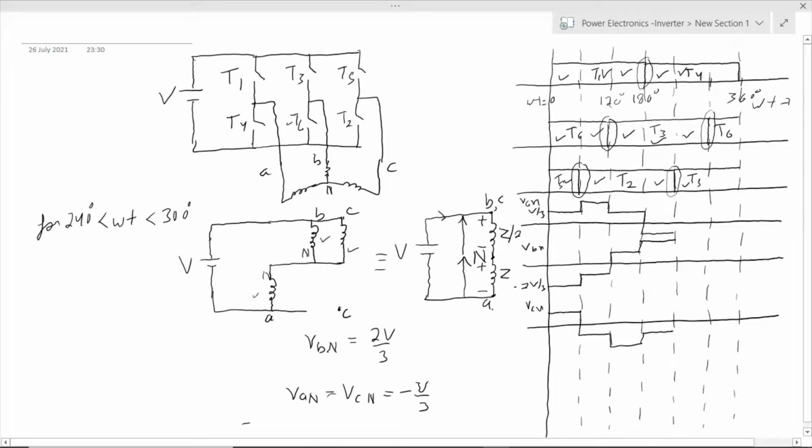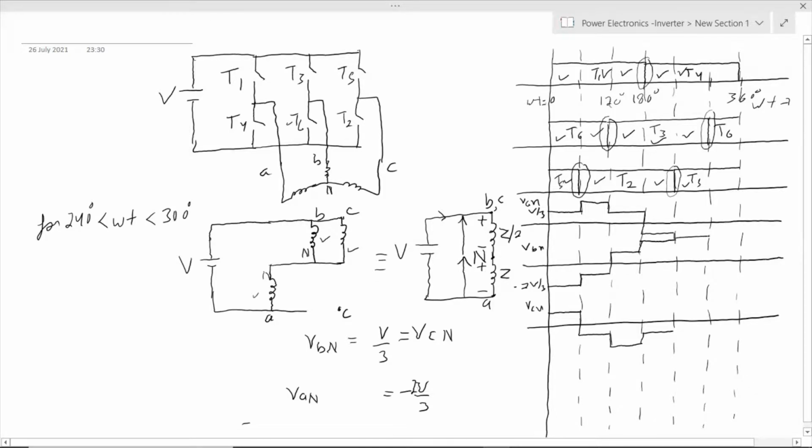Now we can write VBN will be equal to V by 3 equal to VCN. And what will be VAN? VAN will be equal to minus 2V by 3. Okay, just put off. So there should be some space.